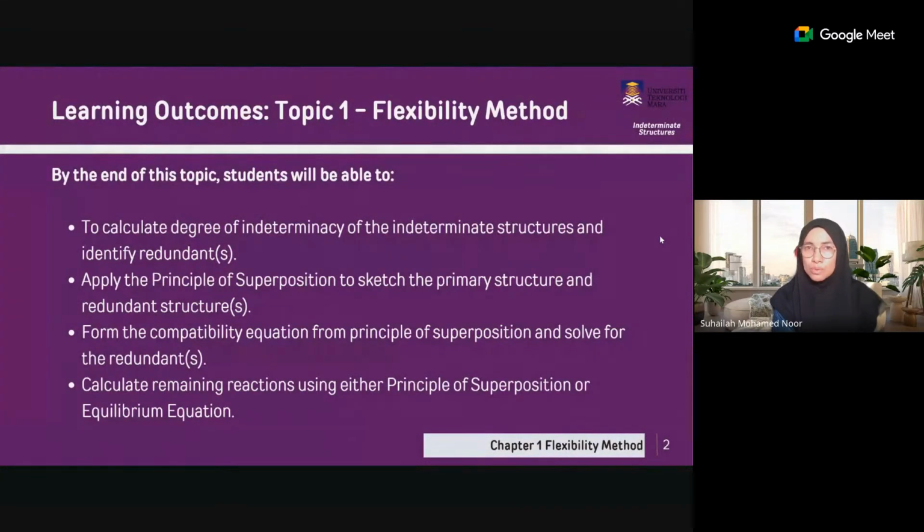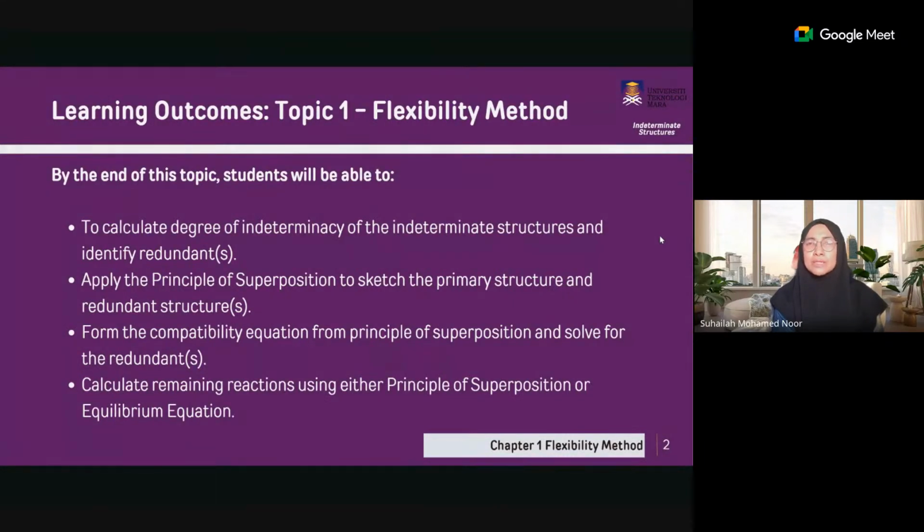So to analyze reactions in an indeterminate structure, there will be equilibrium equations and compatibility equations. And the compatibility equation actually comes from what we call the principle of superposition. Under the principle of superposition, we will have the primary structure and the redundant structure.